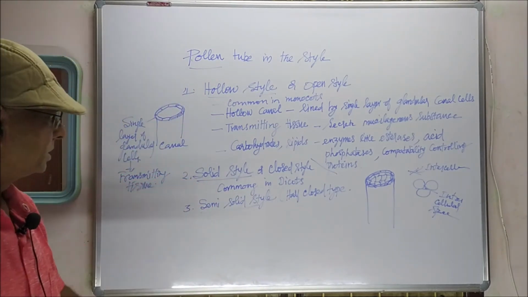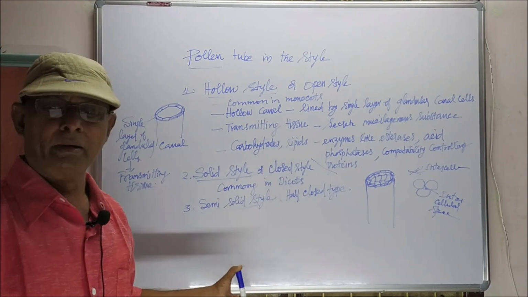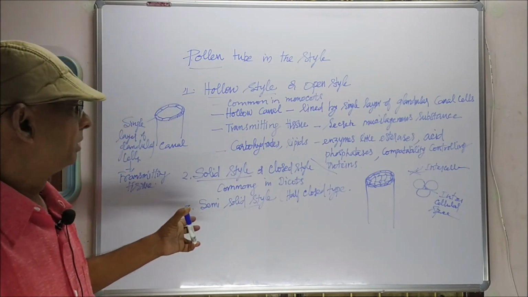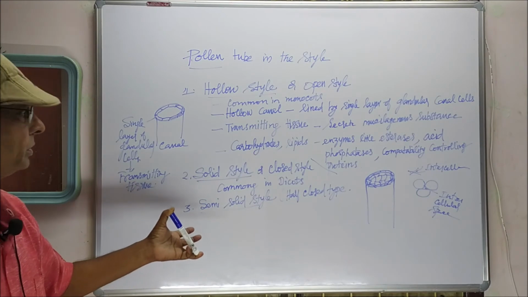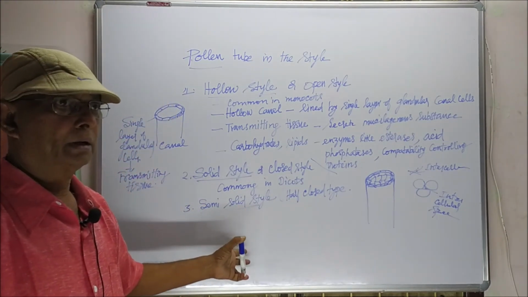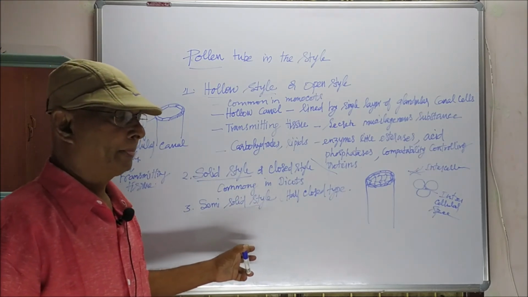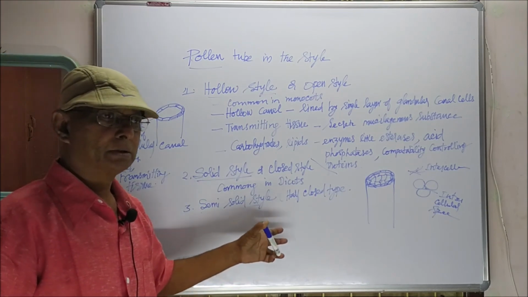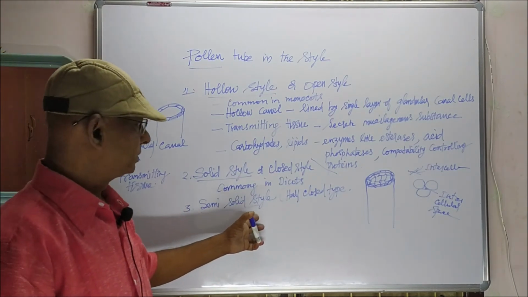The third one is the semi-solid type. It is the half-closed type. It is intermediate between the solid and open type of style. Not much information is given in the book about this semi-solid type. Here also some of the authors, some scientists, say that transmitting tissue may be present. According to some scientists, the transmitting tissue is absent in the semi-solid type.